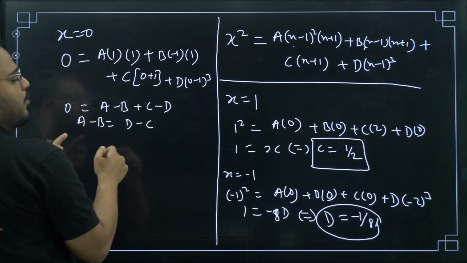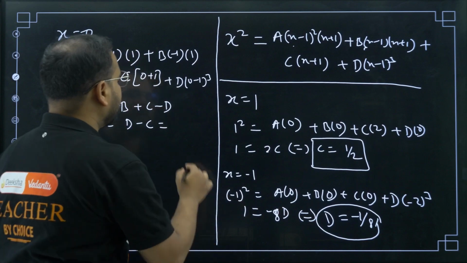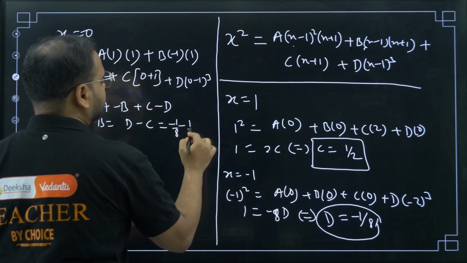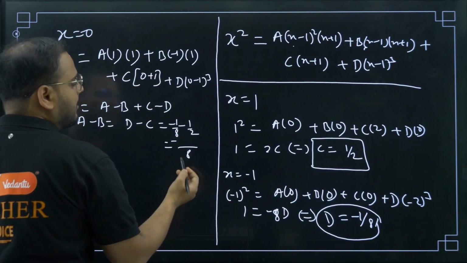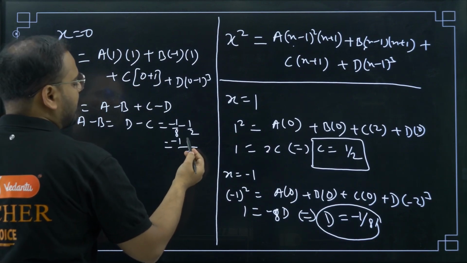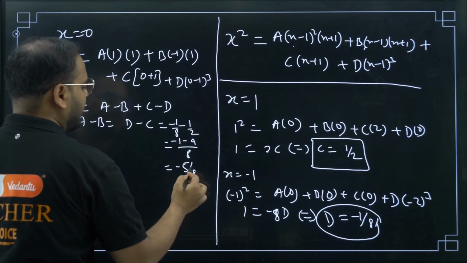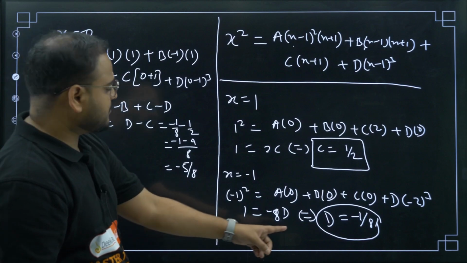If I bring this on the 0 side, d minus c. What is d minus c? Minus 1 by 8 and c is minus 1 by 2. Take this LCM. So 8 is LCM, minus 1 and minus 4. How much is the answer? Minus 5 by 8. Yes or no? Please have a look.